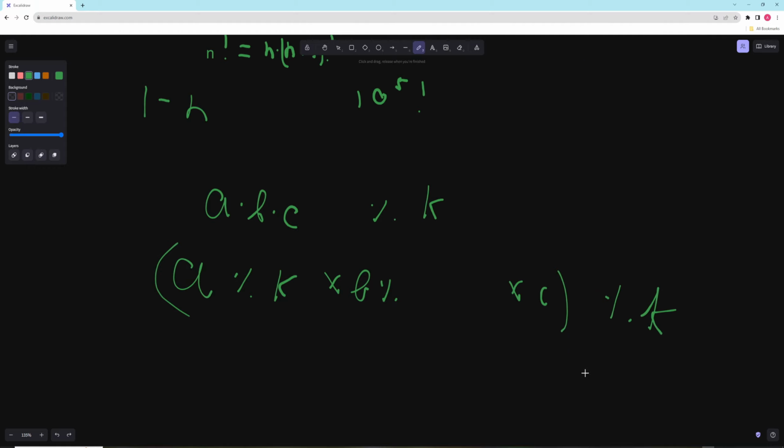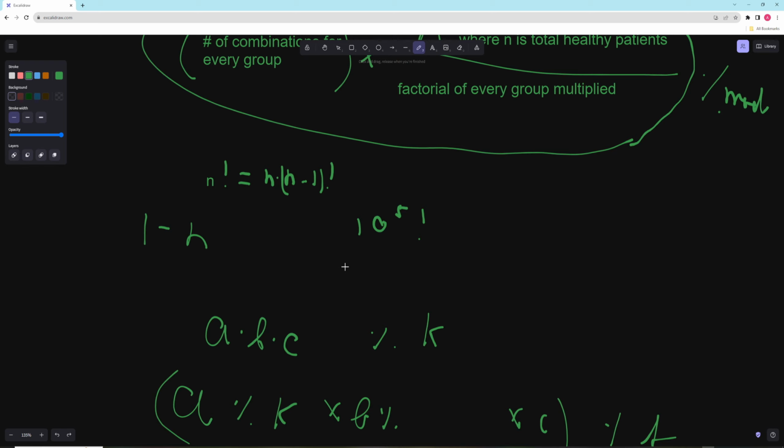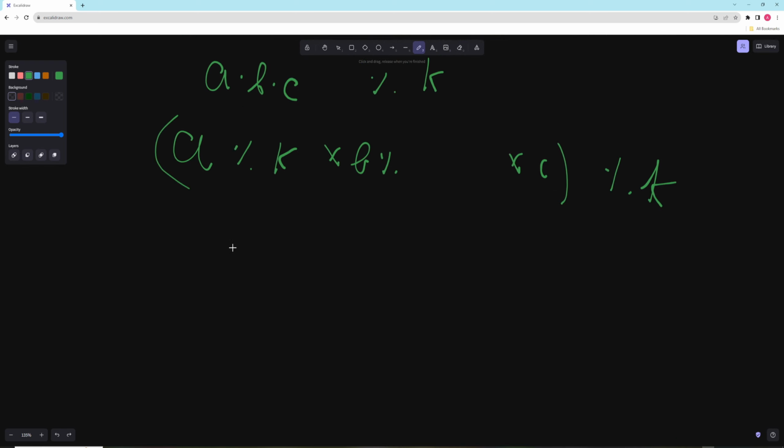And so what this allows us to do is instead of storing entire factorials, we can store factorials mod k. So instead of storing n factorial, we'll store n factorial mod k to keep our factorials small. And if we want to get n plus 1 factorial, remember that's going to be n plus 1 times n factorial, right?